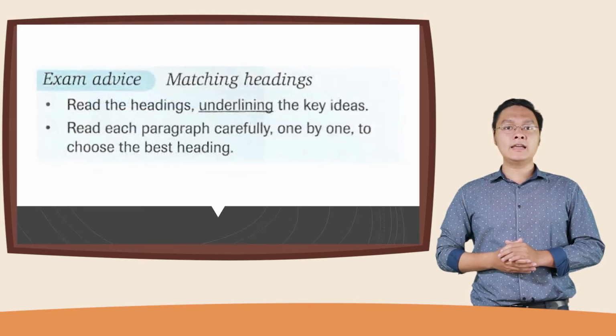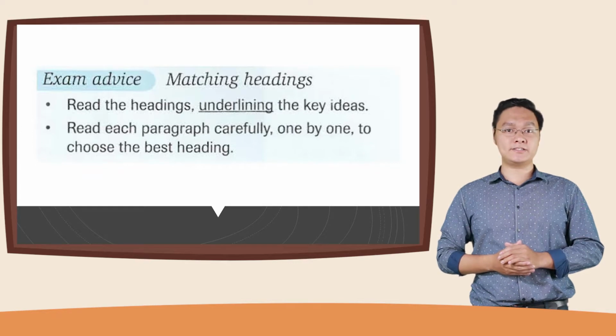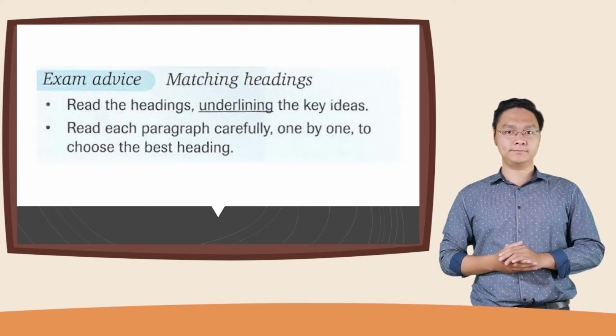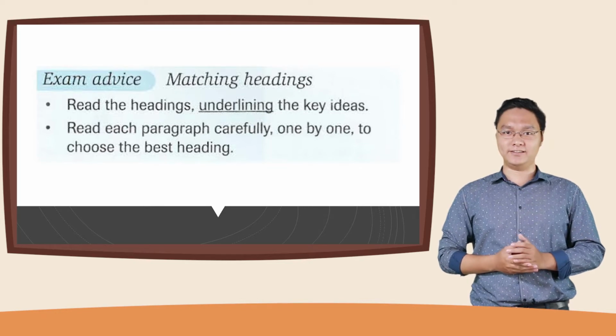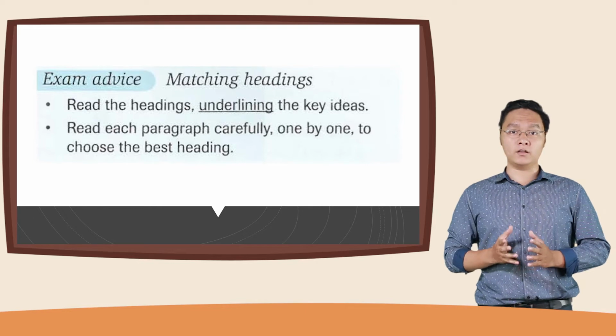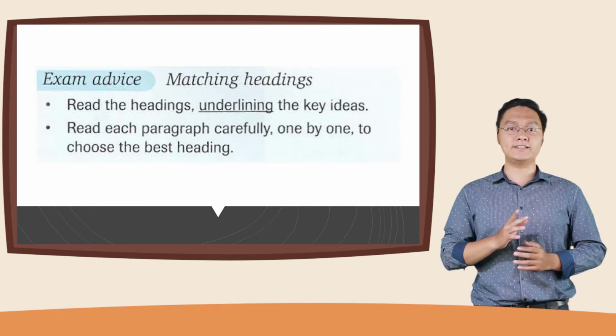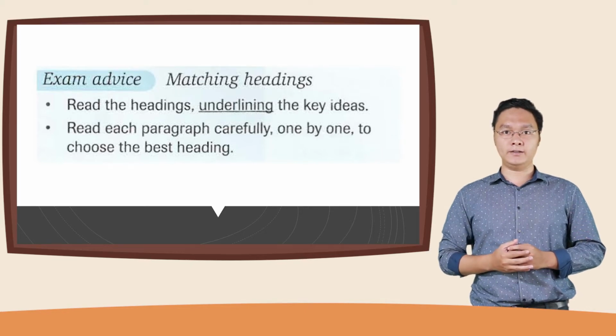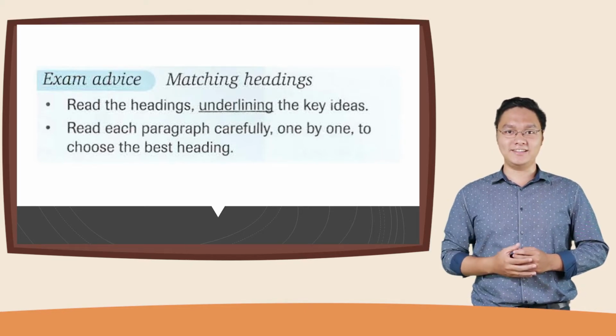Alright? And now let me give you some tips on how to do matching headings efficiently. Please take a look at the screen. So, if you want to do this well, you need to first identify the key ideas of each heading. Okay? The stress is on key ideas.